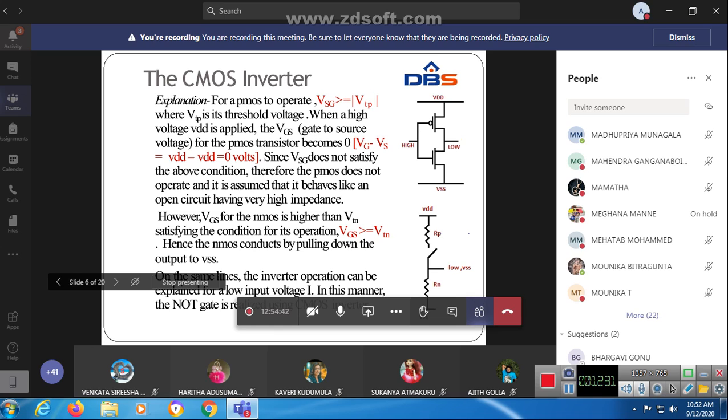So the NMOS will be conducting by pulling down the output to VSS. When it turns on, the output is connected to the ground connection. On the same lines, the inverter operation can be explained for a low input voltage. In this manner the NOT gate is realized using a CMOS inverter.